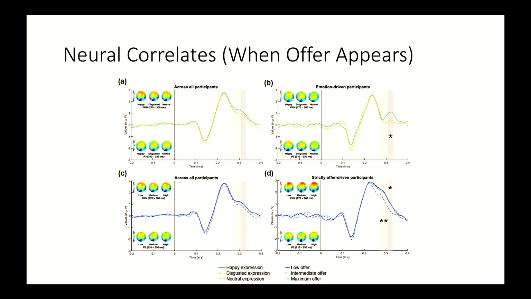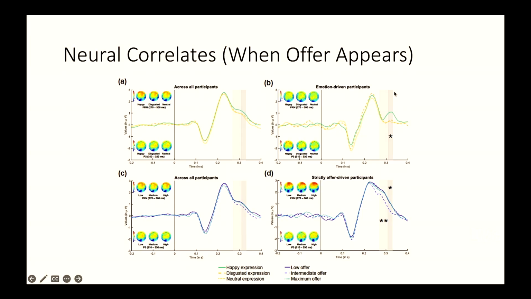For happy, for example, FRN should be less, and that is what we see for emotion driven participants only and no one else. And for strictly offer driven participants we see something called P300, which gives you confidence and is sort of an oddball, something that pops out. So, we see these two not for all the participants, but for just the groups.